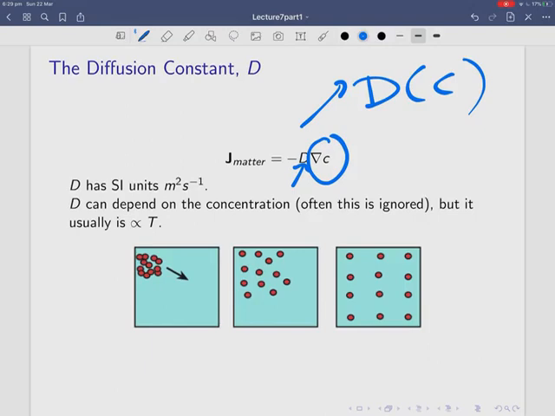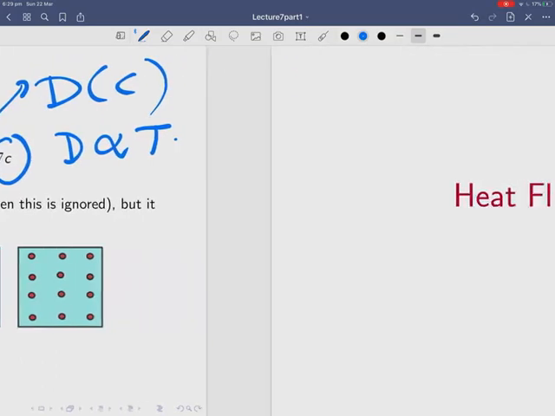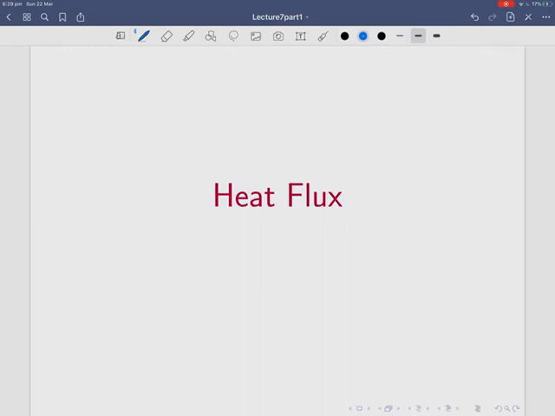But in most cases, you will find the diffusion constant is proportional to the temperature, and that's often quite important. Okay, so that tells you how rapidly things diffuse, for given equal amounts of concentration gradient. That's the diffusion constant. So that's matter flux.